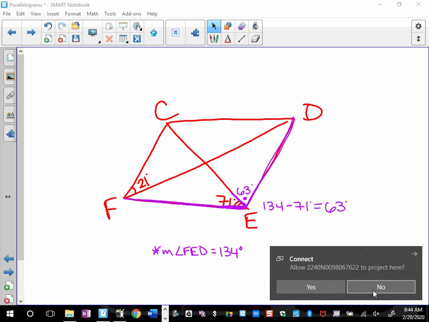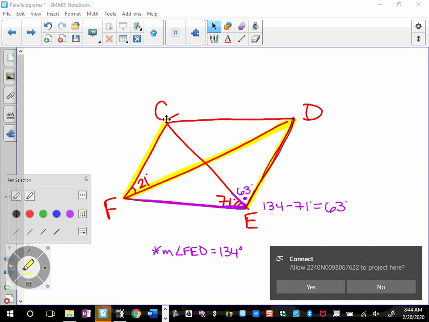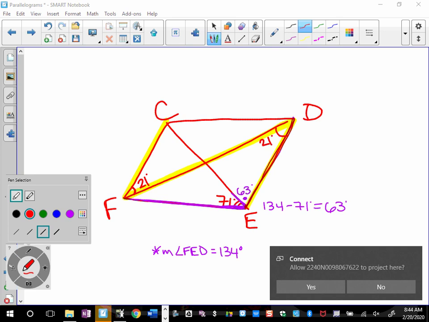If I look for parallel lines, remember the easiest thing to do, take a highlighter. I see CF and DE. If I want to connect those with a parallel or a diagonal line, that's where I would connect them. And remember that the angle is where we bend, so 21 is going to match my angle where I bend again. So 21 is over here.